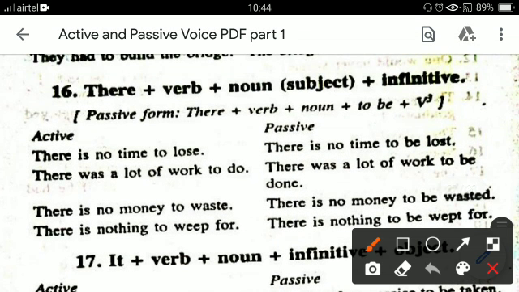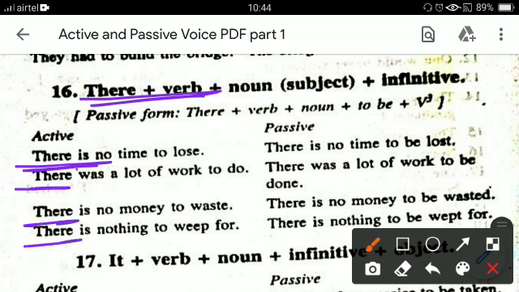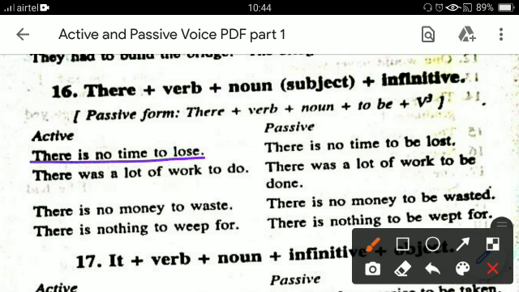But how? You have to just notice the sentence starts with there. There is represents present tense, there was represents past tense. So, there is no time to lose. How is it made?